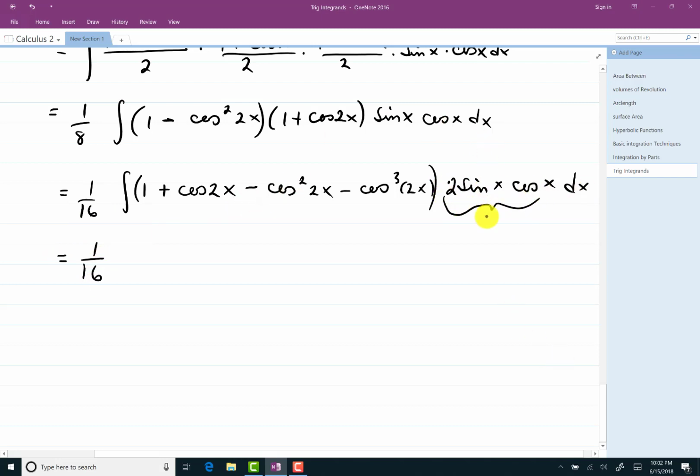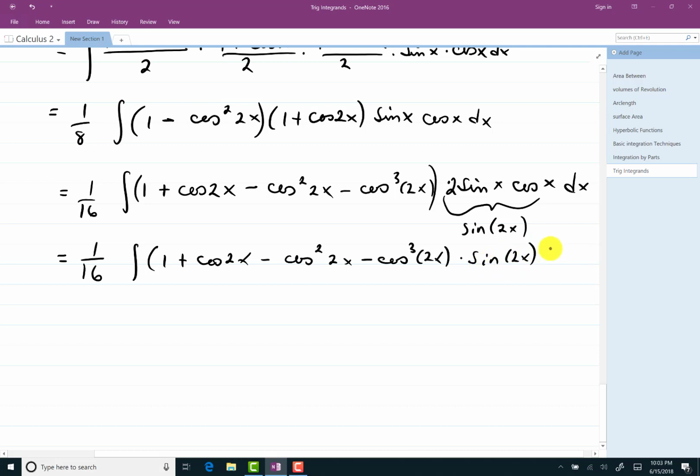This piece right here is sine of 2x. So I have 1 plus cosine of 2x minus cosine squared of 2x minus cosine cubed of 2x times sine of 2x dx.